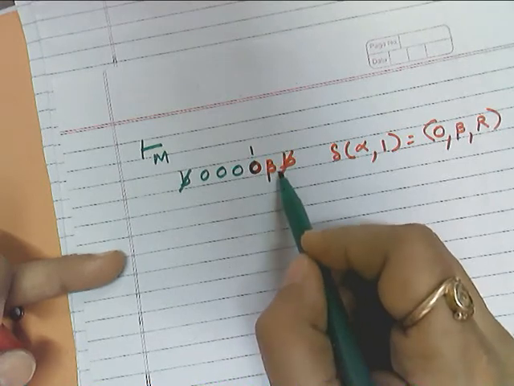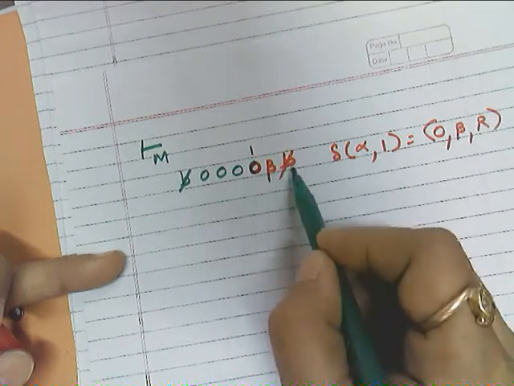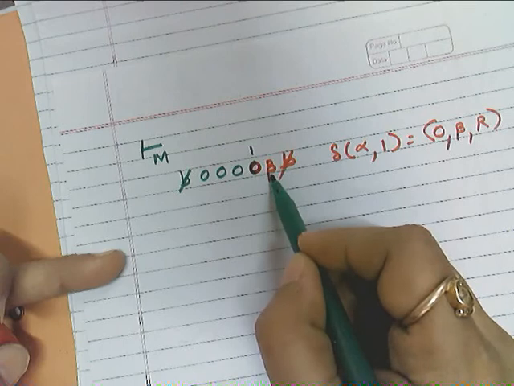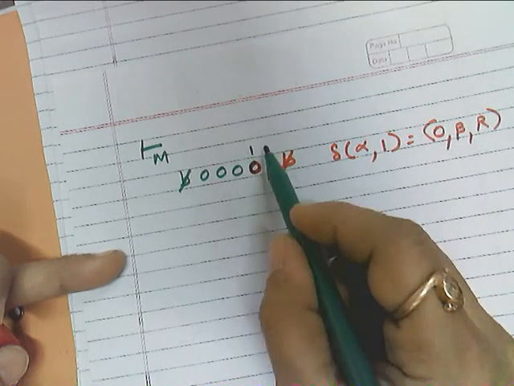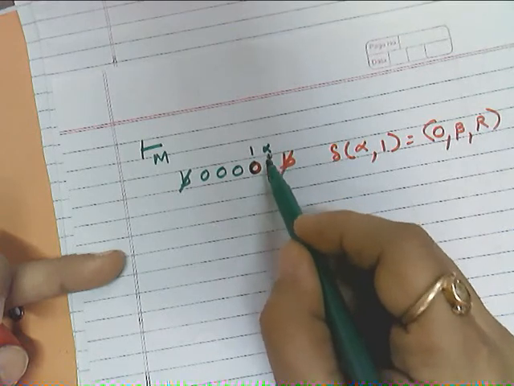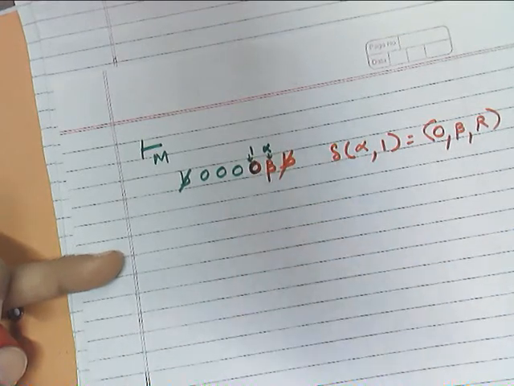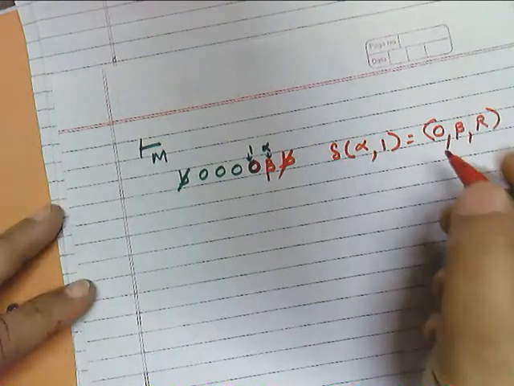Now it is moved towards right because now all are read, blank needs to be read. So the state information, state is now from alpha changed to beta. So this is the next one.